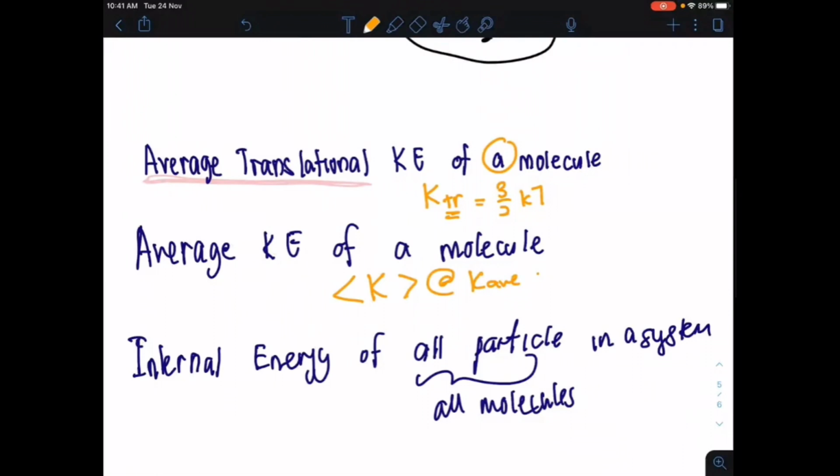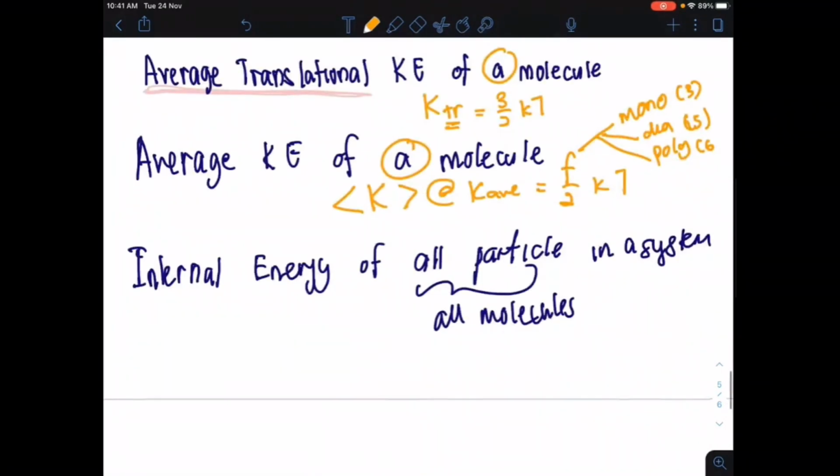Is equals to F/2 kT for a molecule. Okay, F adalah tengok pada dia punya types of atom. Monoatomic, diatomic ataupun polyatomic. 3, 5, 6. Okay, identify the degree of freedom. Masukkan, boleh cari your average kinetic energy of a molecule.